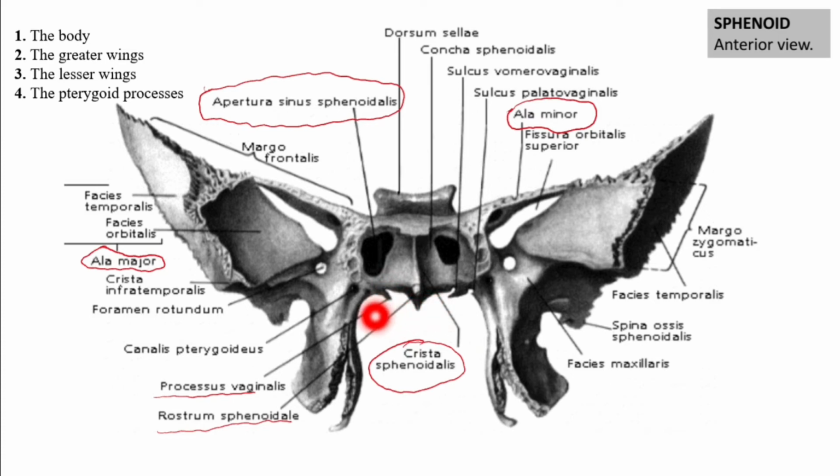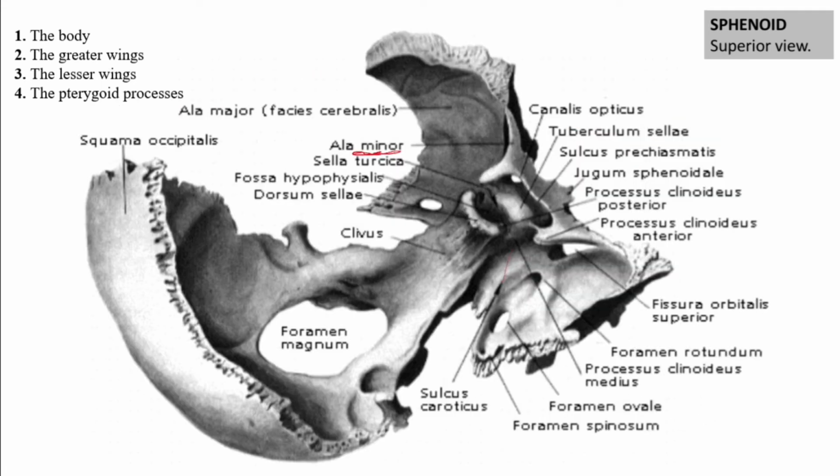This process is called the vaginal process, processus vaginalis. Between this body and processus vaginalis, you see the sulcus vomerovaginalis. Here you can see this fissure, the superior orbital fissure, fissura orbitalis superior.